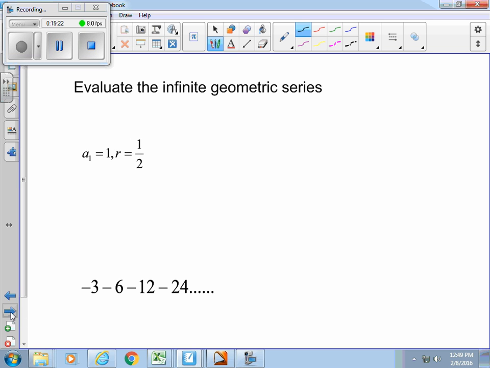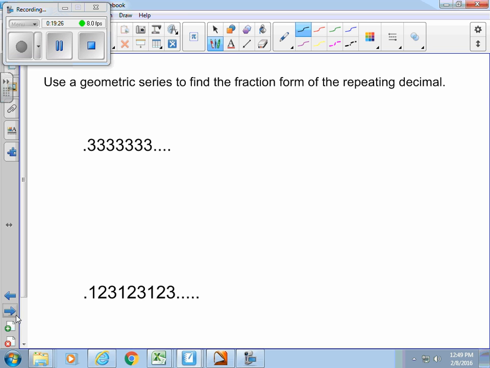Evaluating it, you just plug it into the formula, but we're going to do a little better than that and get a little more specific. I showed you in Algebra 2, just for the fun of it, how you could convert an infinite decimal into a fraction using sequences. Do y'all remember that?